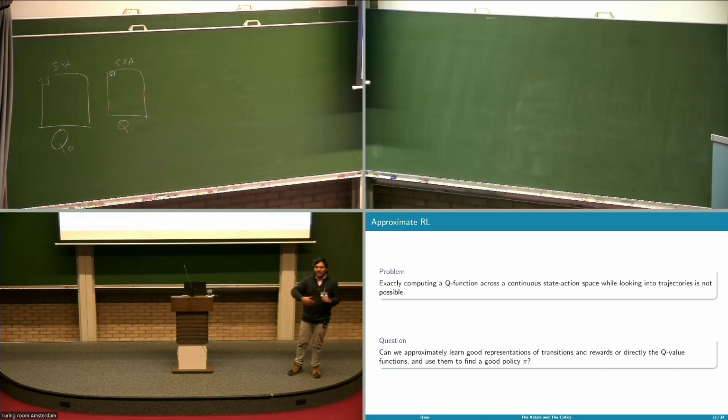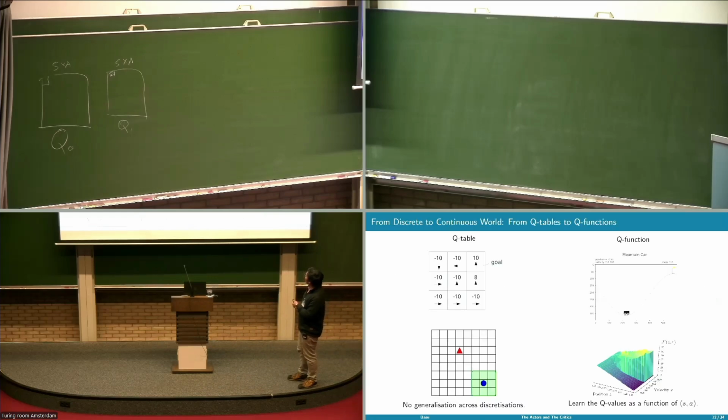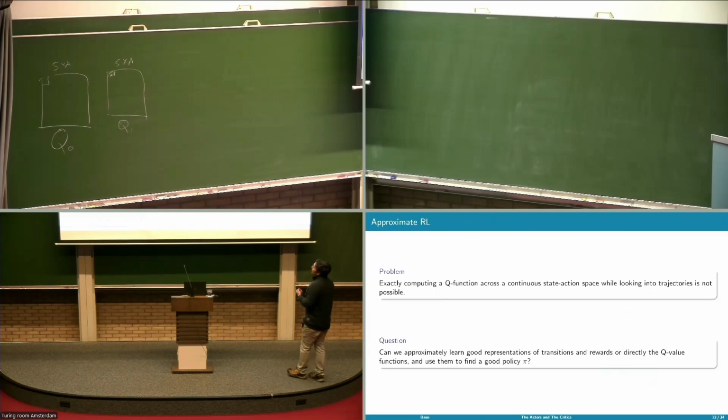First, you don't have infinite time to go to the infinite horizon and do that simulation, and computing the expectation exactly is too hard. You need too many samples. So even doing this simulation takes quite a bit of time that you don't want to spend if you just want to find the optimal policy. So the question is, can we approximately learn a good representation of transitions and rewards, or directly the Q value function, and use them to find a good policy?